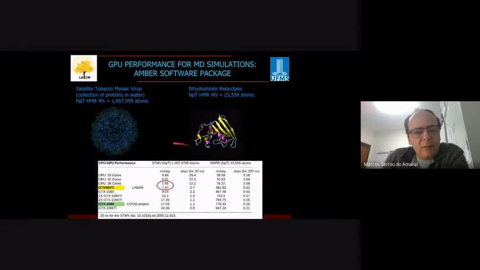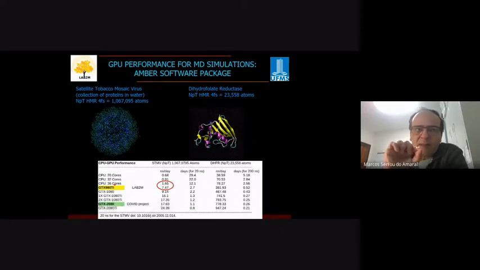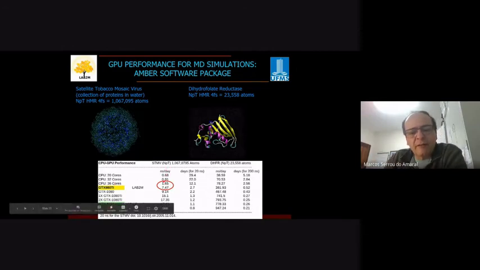And also important here is the comparison of performance. By the way, the performance is used to see how many nanoseconds per day you can get with simulations. Here you have the nanoseconds.